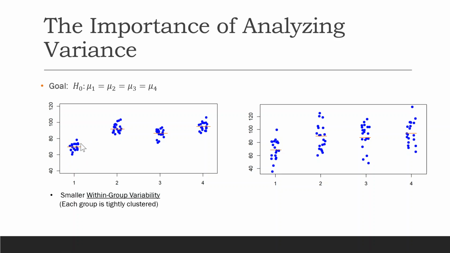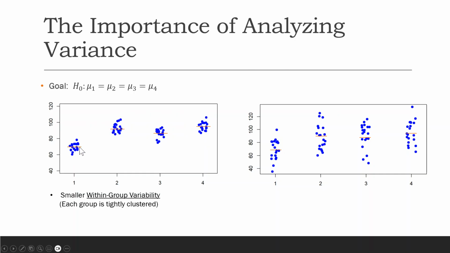That is what I'm talking about when I talk about within group variability. In this first figure, all of the within group variabilities are very small, especially in comparison to the graph to the right. So we have smaller within group variability.